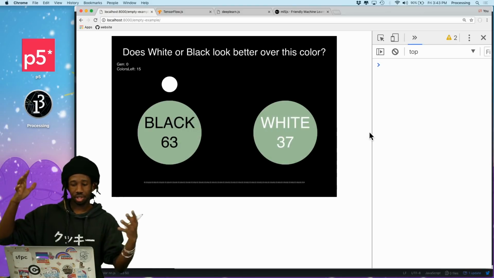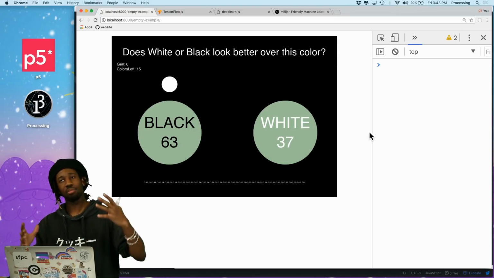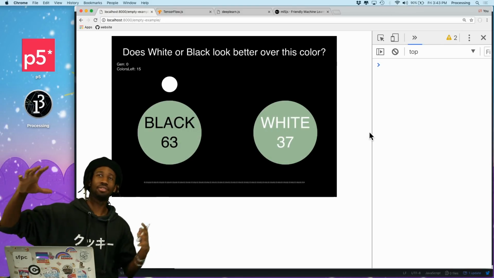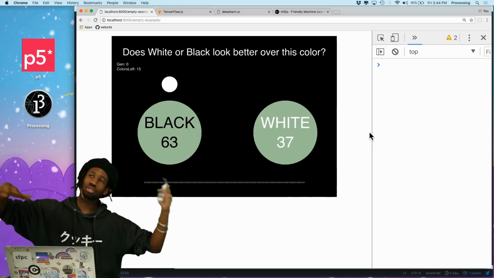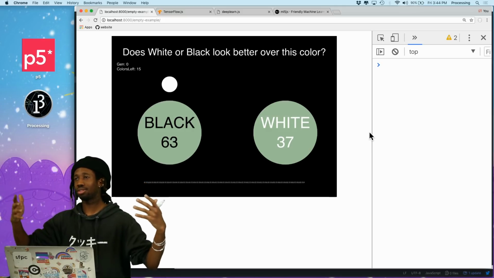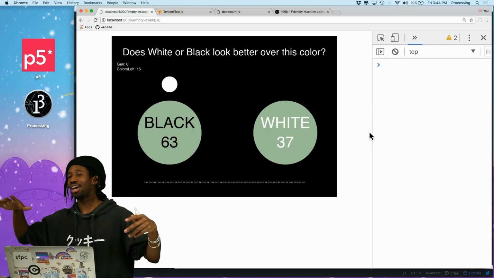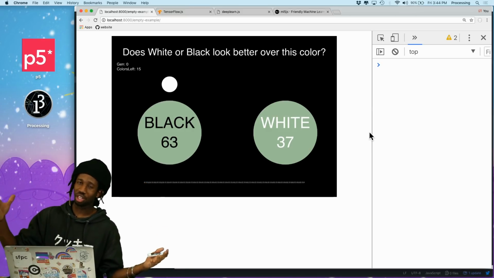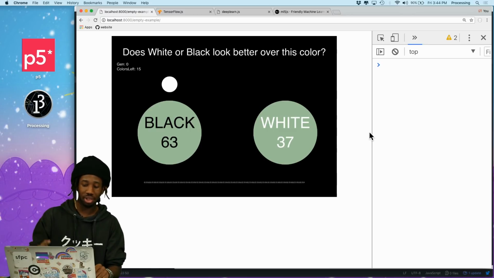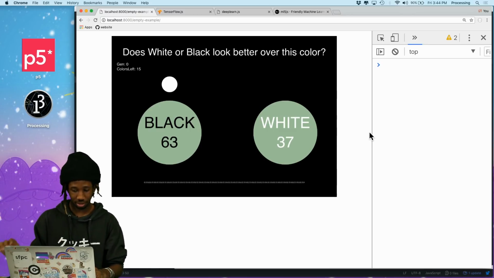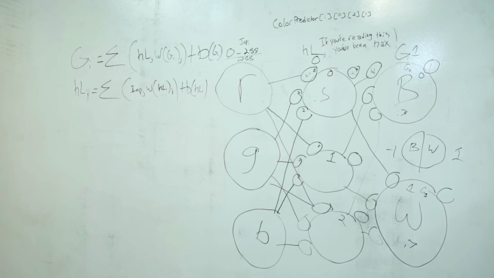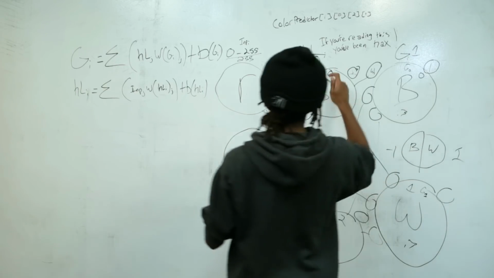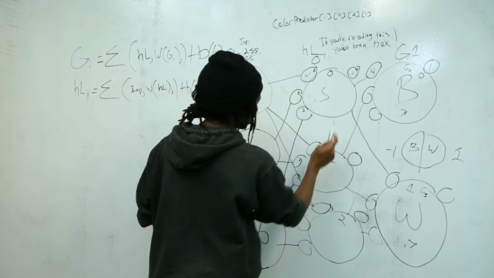So genetic algorithms real quick: you have to have a population, you have to assign fitness scores to every single creature within the population, and then you have to mutate them and breed them, and so on. So we have a population of 100 predictors at the start, and they all have randomly initialized weights and biases, which again, just to make sure it's clear, are all of these values: weight, bias, weight, bias.